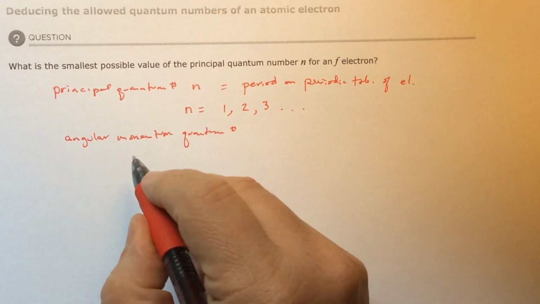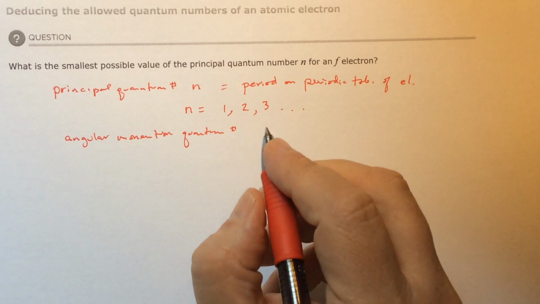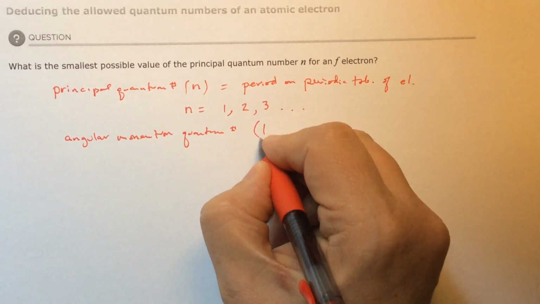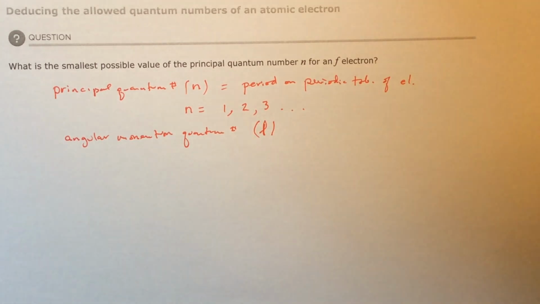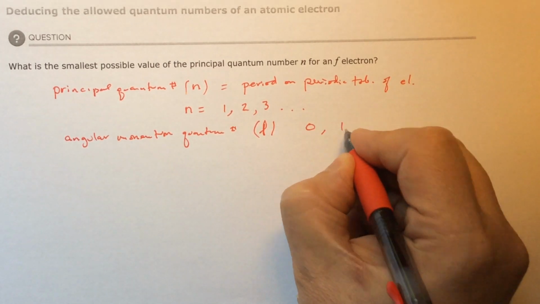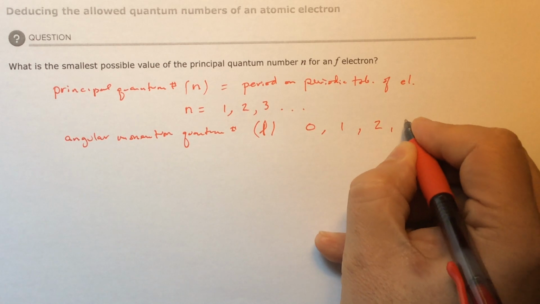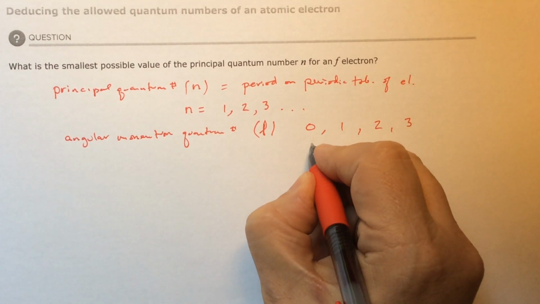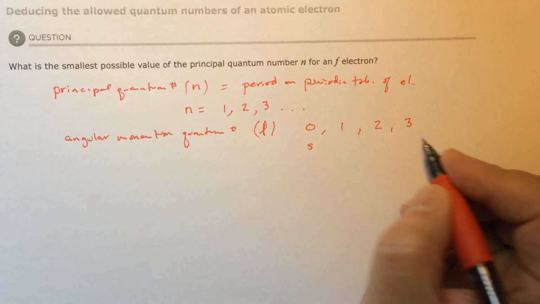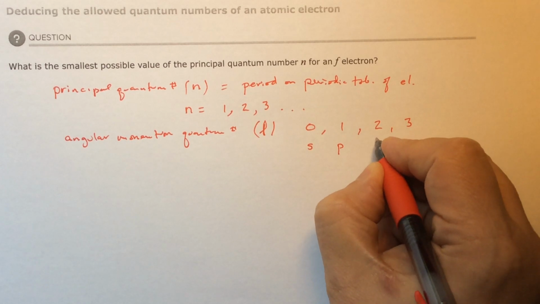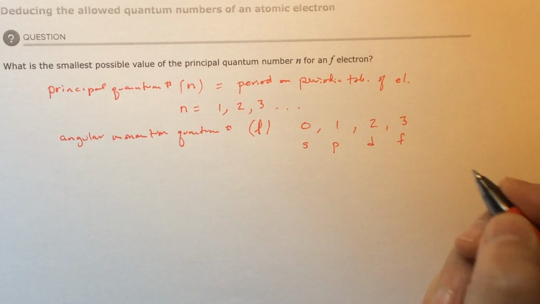The angular momentum quantum number is L. And there are going to be 4: 0, 1, 2, and 3. And it tells you what your subshells are. So if L equals 0, you have an S subshell, L equals 1, you have a P, L equals 2, you have a D, L equals 3, you have an F.